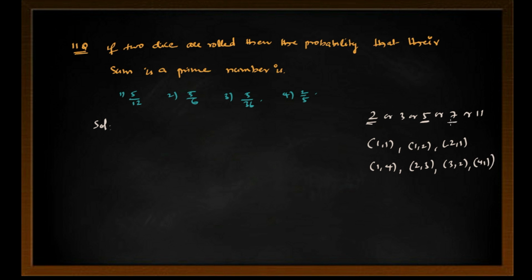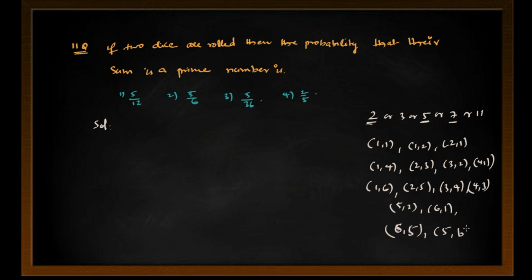To get 7: 1 6, 2 5, 3 4, 4 3, 5 2 and 6 1. And to get 11: 6 plus 5 and 5 plus 6.